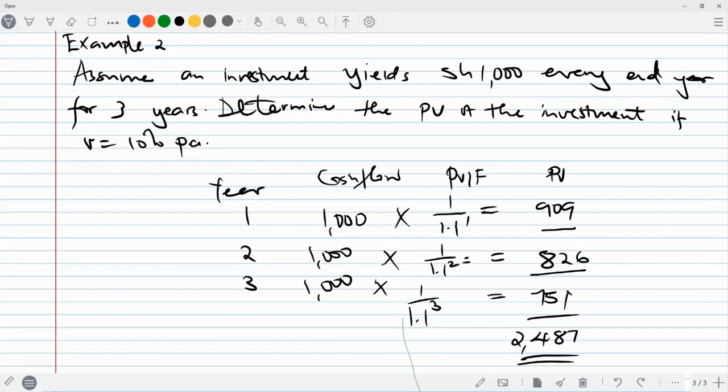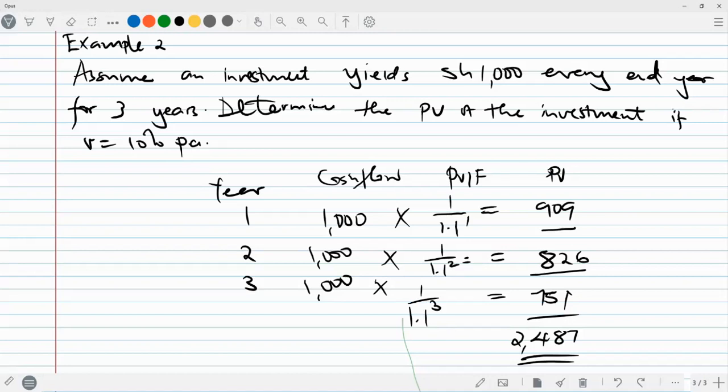So here we have an asset that gives back to the investor 1,000 every year for the next 3 years, so we are discounting that 1,000 back to year 0. Was that your question? Have I answered? Yes. Okay.